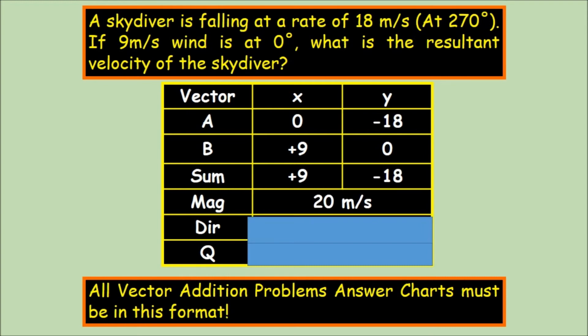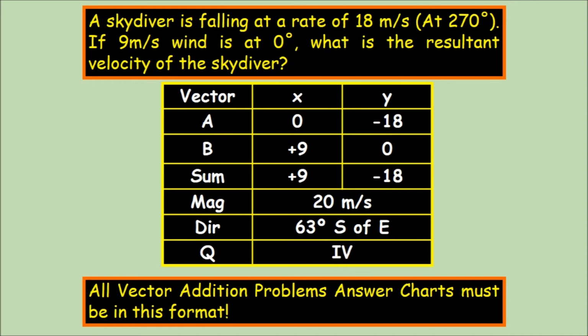So the square root of the sum of the squares, 9 squared plus negative 18 squared, is 20. And then the direction would be arctangent 18 over 9, which is 63, and it's going to be positive and negative, so that will obviously be south of east. That would be quadrant 4, and that is the problem that we just did.